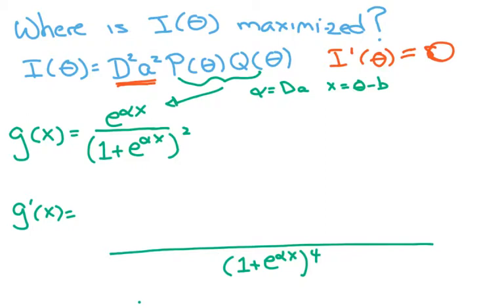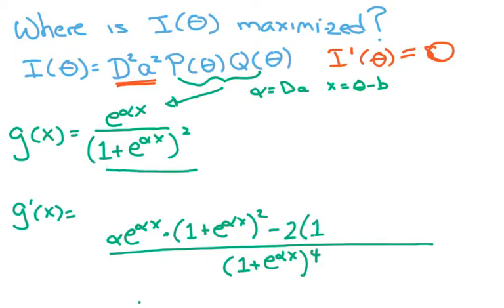So what would we get? Well, I'd get alpha times e to the alpha x times 1 plus e to the alpha x squared minus the derivative of this denominator, which is 2 times 1 plus e to the alpha x times the derivative of the inside function, alpha e to the alpha x, times e to the alpha x.